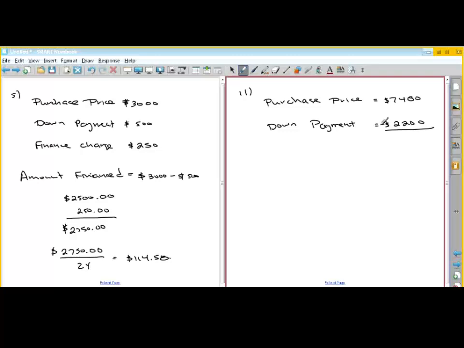So we subtract that one from the first one. $7,480 minus $2,200. So the amount financed is equal to $5,280.